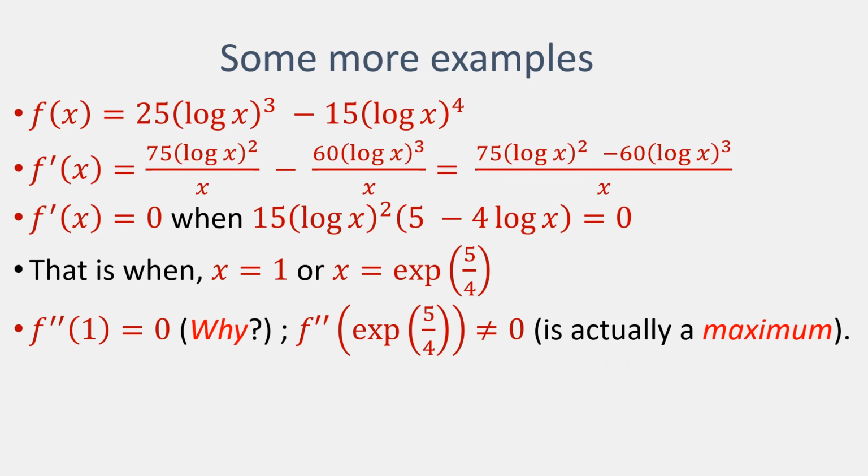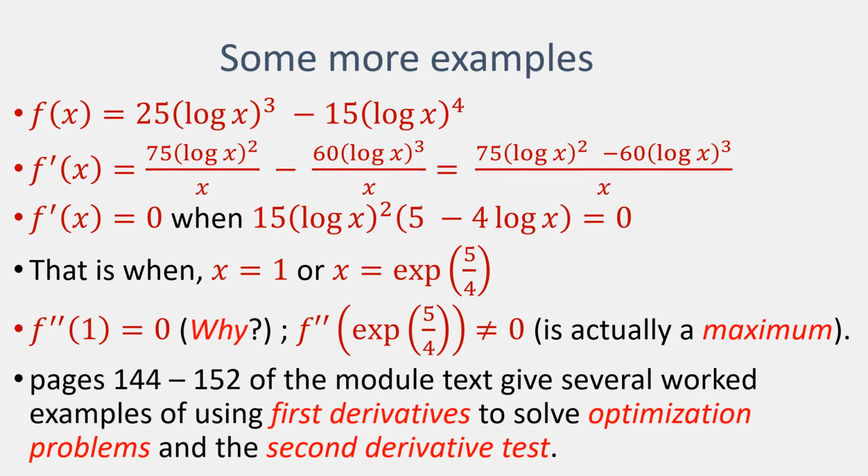So that corresponds to a maximum. If you look at this section of the course textbook, there are a number of worked examples given of using first derivatives to solve optimization problems and applying the second derivative test.